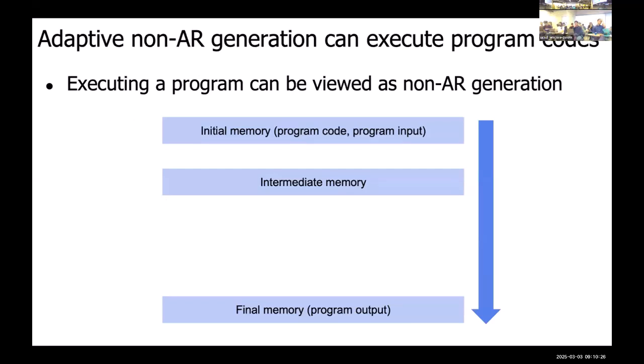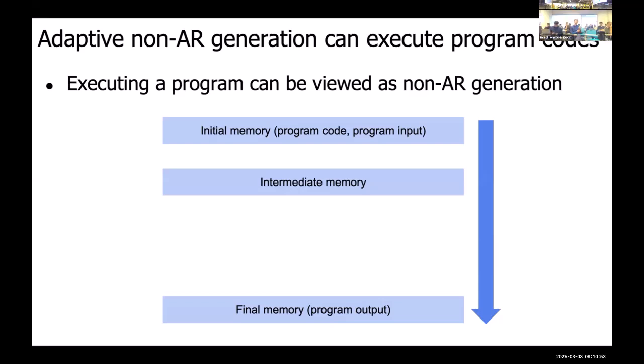What do I mean by program execution? Well, if you think about how we actually run a program on the computer, and you see the stream of the memory state over the time of running a program, you can actually view it as a generation. Because what I want to generate is the output of the program, which is somewhere in the memory in the end. In the beginning, the prompt is my program code and my program input, and that will be staying in my memory.